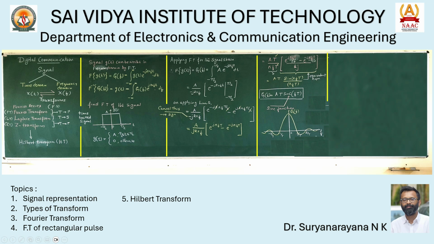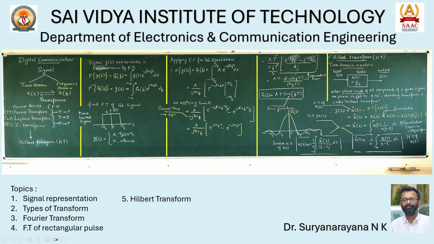So now, with the help of this Fourier transform, we'll try to understand what is Hilbert transform. In the first section, we are going to understand Hilbert transform in time domain analysis. Let us consider a system with response h of t given by 1 by pi t, where x of t is input and y of t is output, and h of t is the response of the system.